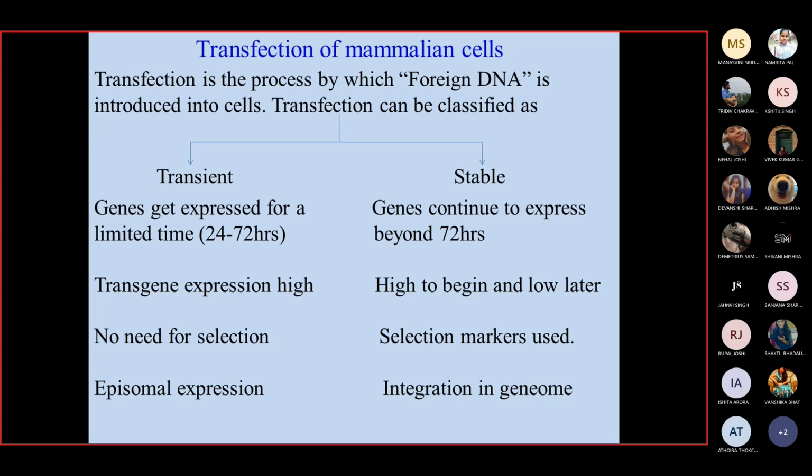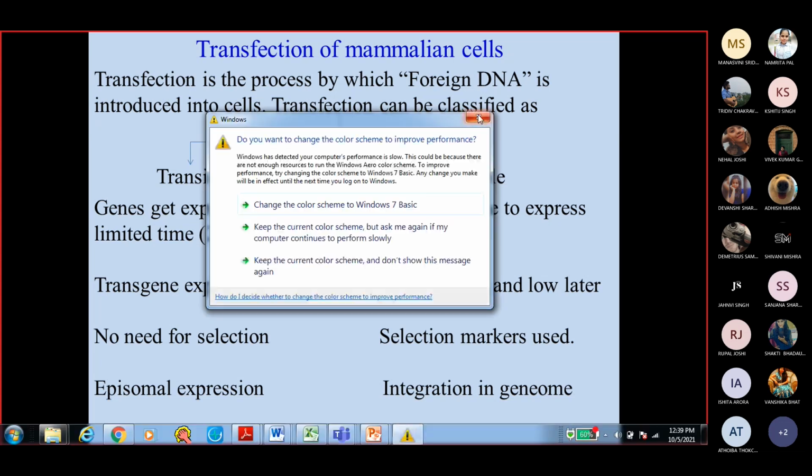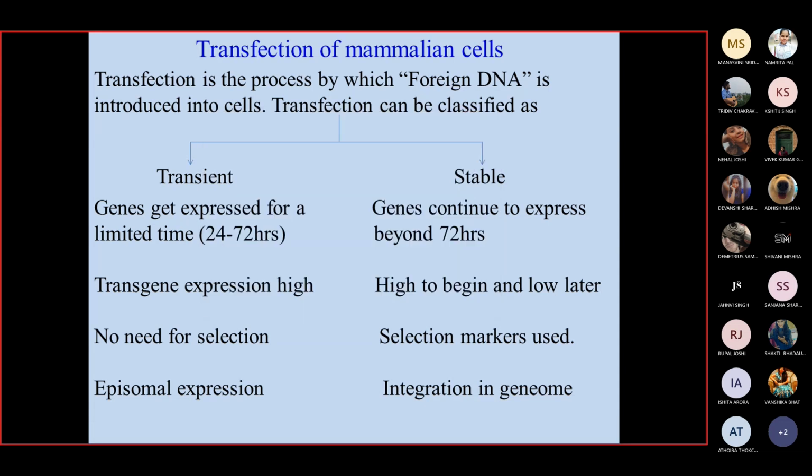Remember the cloning vectors, expression vectors, we said we need to select for ampicillin, we need to select for certain antibiotics. There is no need for selection when it comes to transient transfection in mammalian cells. Invariably, these plasmids are propagated as episomes, and over a period of time, the episomes can be lost. Need not be, but can be lost.